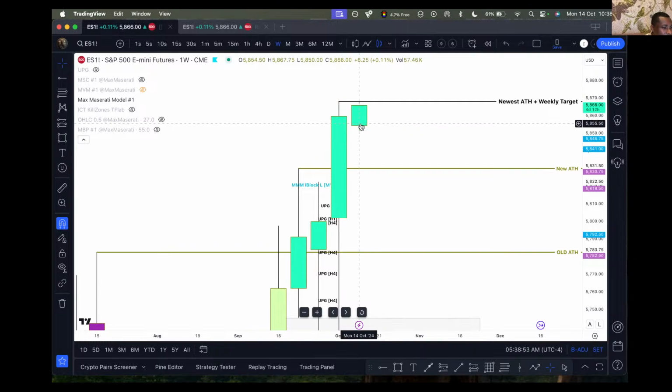So we might expect that they might take the all-time high and push price down, because the opening of this week is telling us that the sellers tried to push price down a little bit, and they made the market open lower than the previous close.